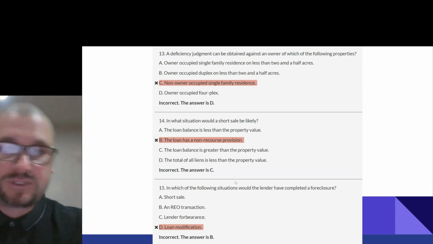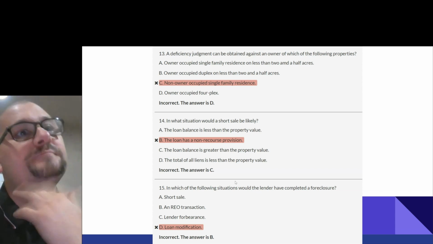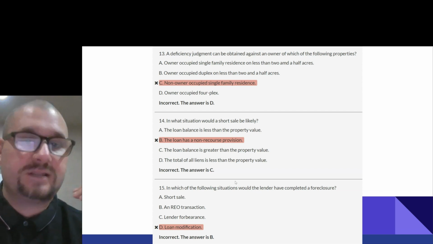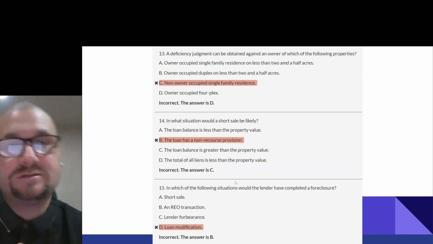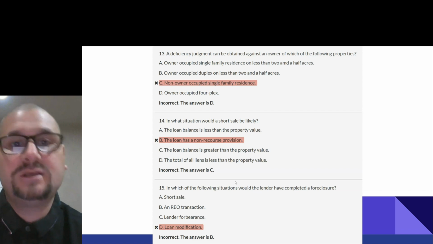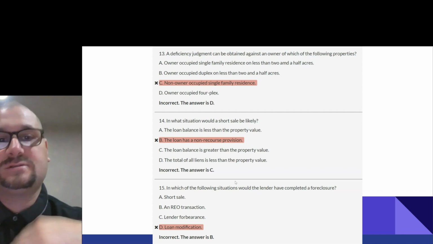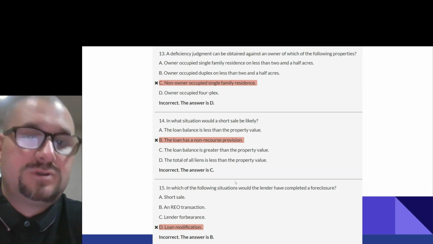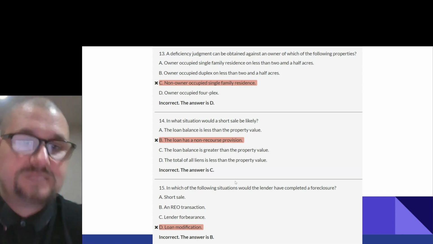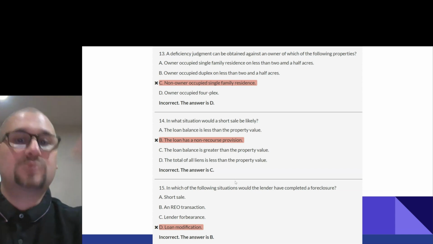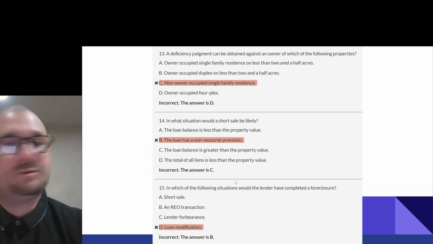Say it's worth $200,000, then they sell it at $100,000. They're selling it at a loss, because they know the value is actually $200,000. You owe $200,000, but they'll sell it for $100,000. So that's a short sale. See the loan balance, how much you owe, is greater than the property value.